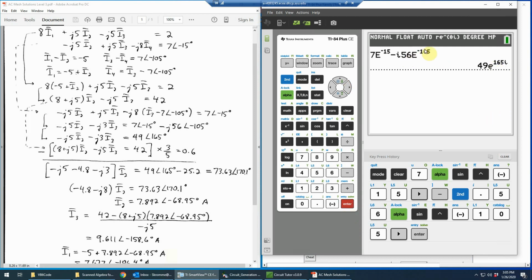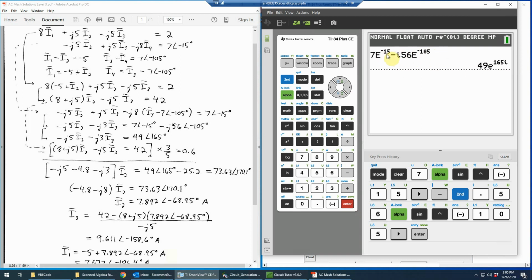It turns out, and you could have actually seen this in your head perhaps, that minus i actually has a phase angle of minus 90 degrees, and so when you multiply that times this angle, it ends up giving you something that would also have an angle of minus 15.